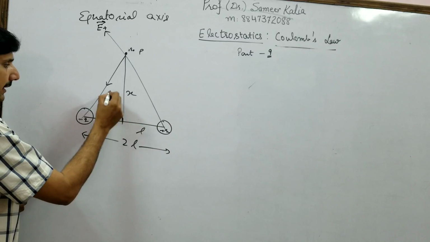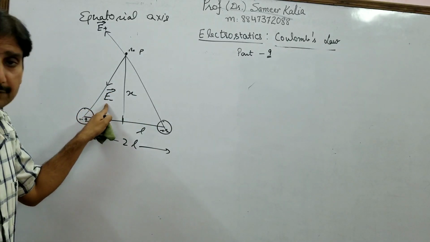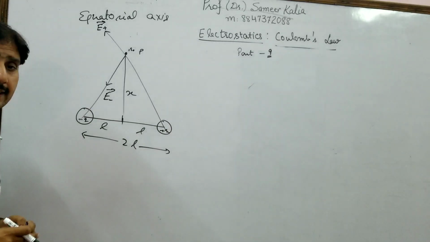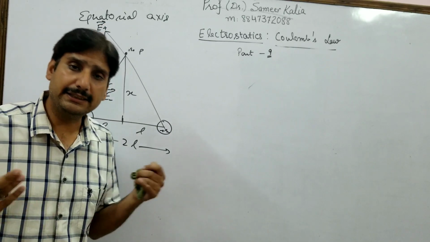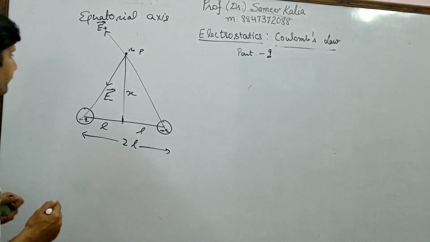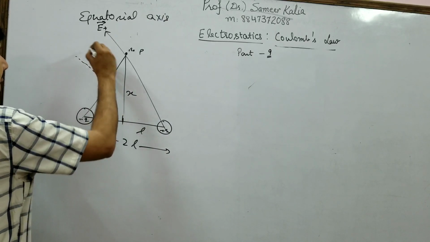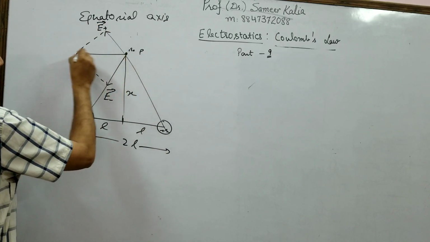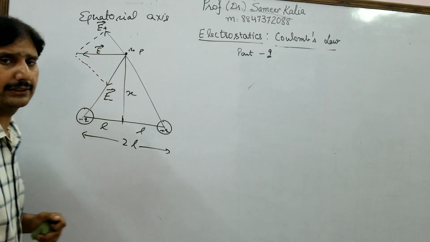Let's call the electric field due to the negative charge E negative vector. Now the resultant of E plus and E minus is the net expression we are looking for. For that, we complete the parallelogram and the resultant acts in this direction. This is the resultant we are interested in.